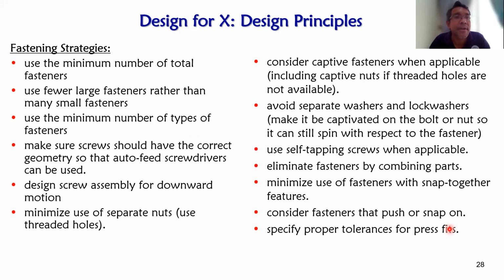And then you have fastening strategies as well. So using the minimum number of total fasteners, avoiding difficult processes, using easy clip-on fasteners, using special proper tolerance for the fit.